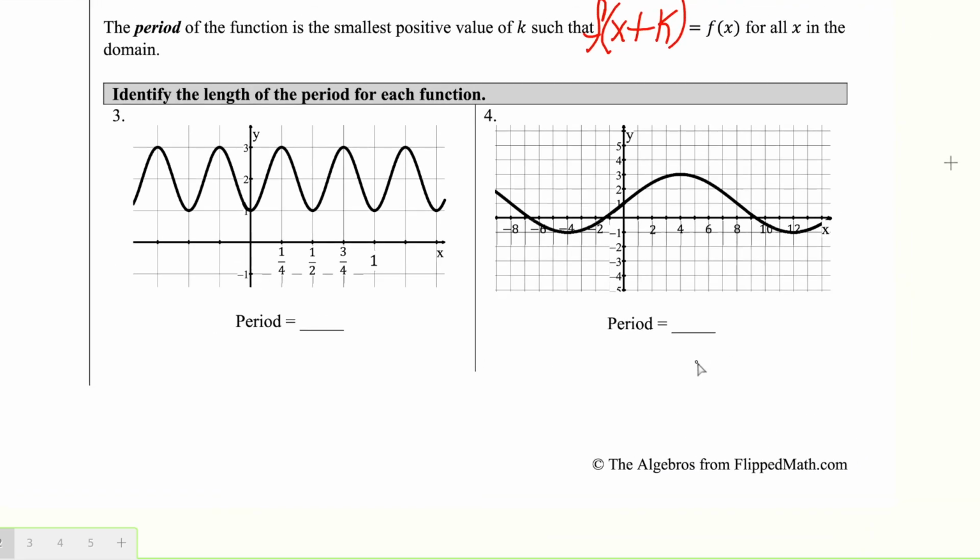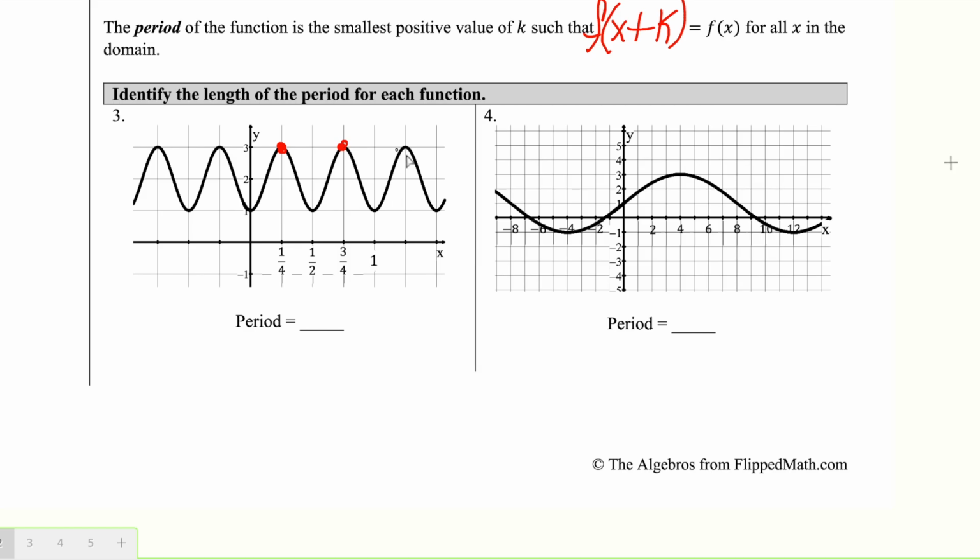Identify the length of the period for each function. So what is the length of this period? What I do is I pick somewhere. I'm going to pick right at this top here, and I'm going to find on this function where it's also at that top. So it goes down, and then it starts again.